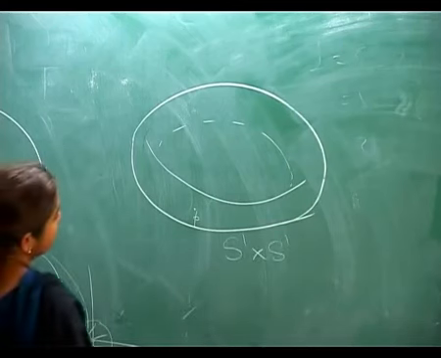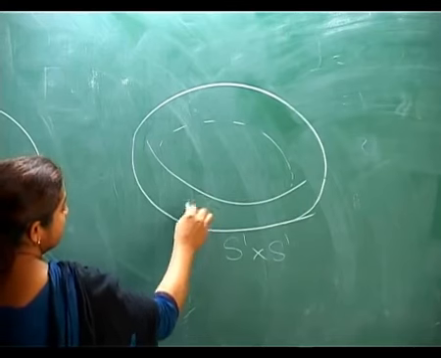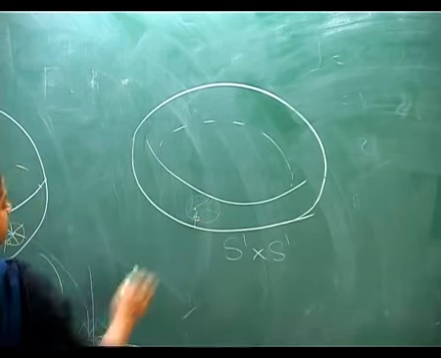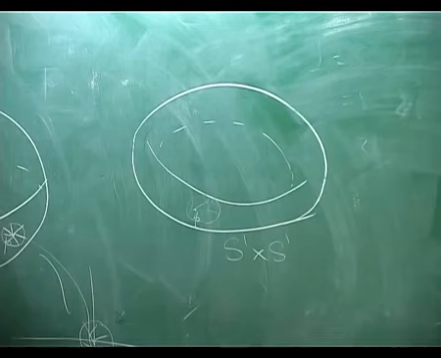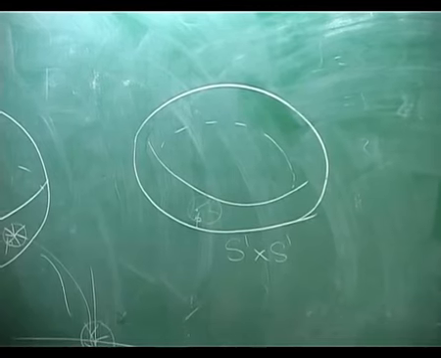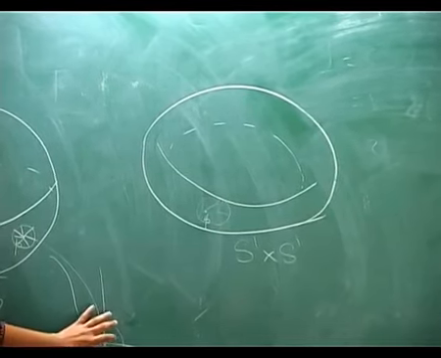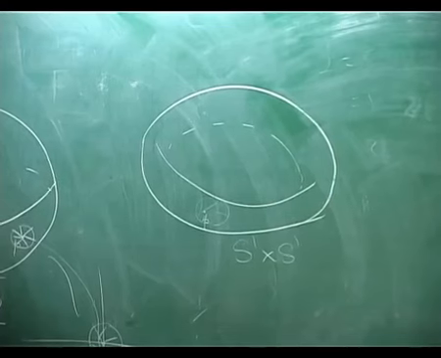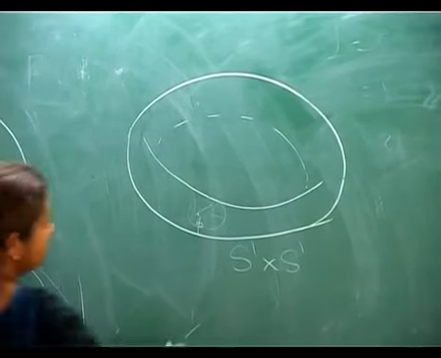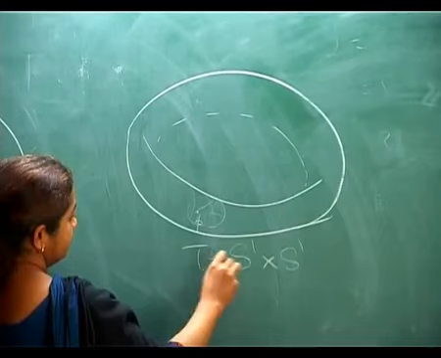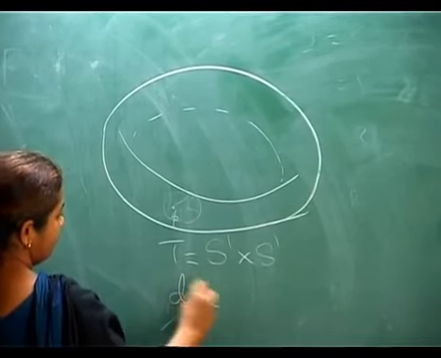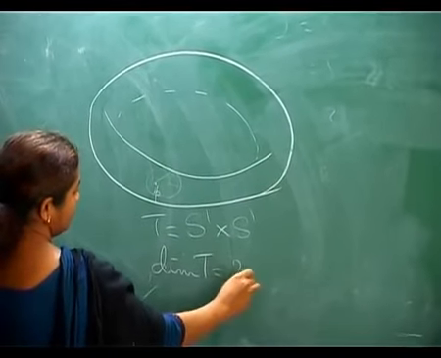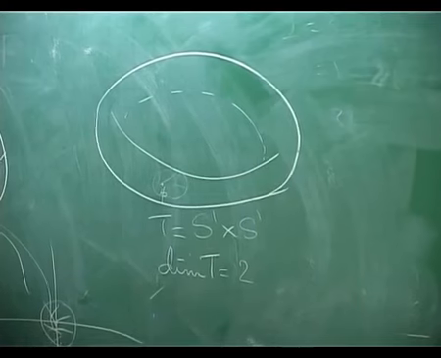So you will again see that you can look at open sets containing any point on your torus, and it can be identified with the standard disk in R2. So this is actually of real two dimension.